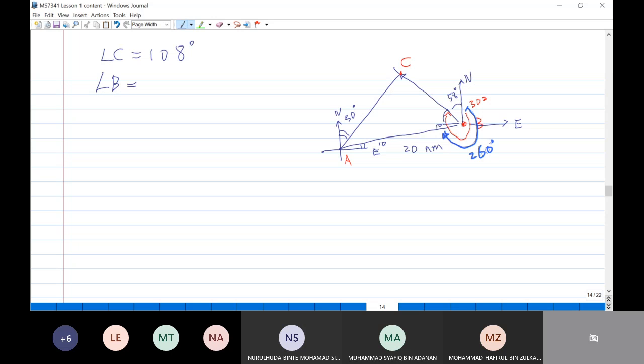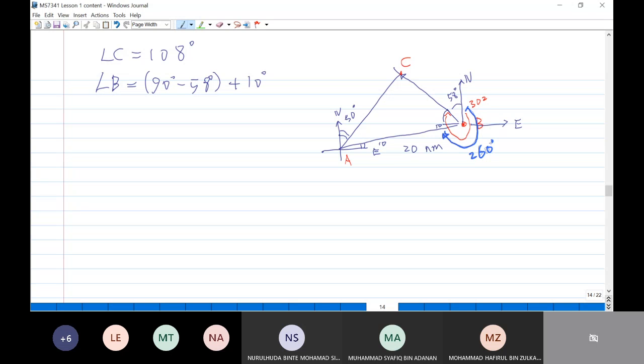We know this is 90 degrees, the northwest angle is 90 degrees. So the northwest angle is 90 minus 58 here, plus 10.